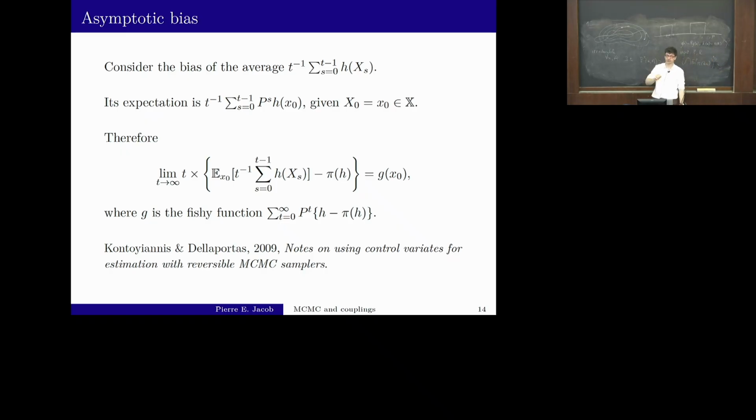And the bias will be of order 1 over t, as you can also see from here. If you multiply by t, you call this the asymptotic bias, and you see how it varies based on the starting point. You can imagine that it will tend to be very large when the starting point is very far away from the mode. That tells you a little bit about what this G function may look like.